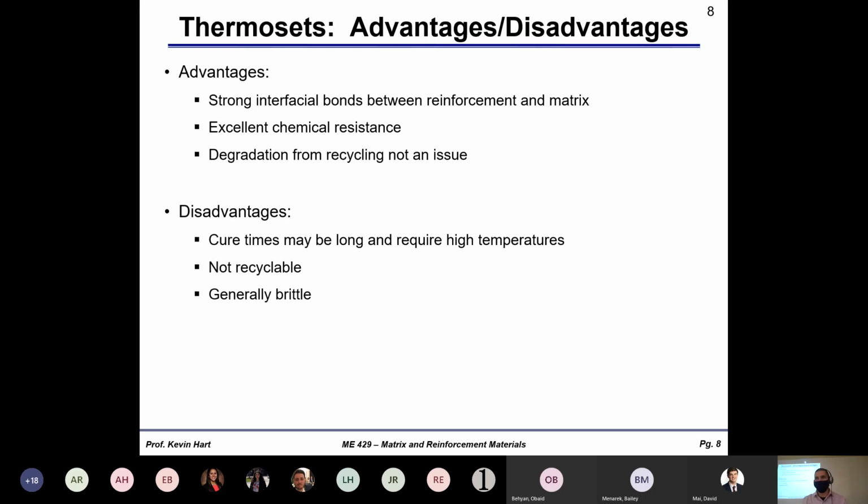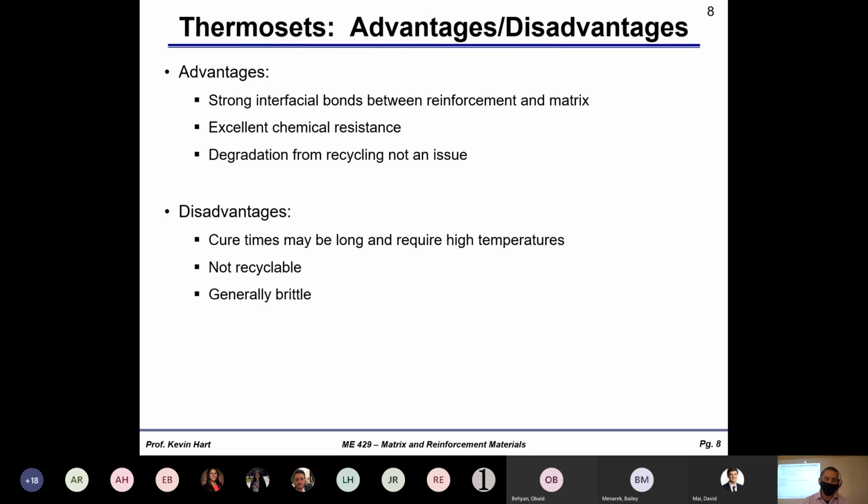Also there tends to be stronger bonds between the matrix and the fiber when you have thermosetting resins. That's because you have a lot more chemical reactions going on between the epoxy and the fiber, a cross-linked material, than you might have with a thermoplastic material. Thermoplastics don't have a lot of affinity for chemical reaction with things like glass and carbon fiber.